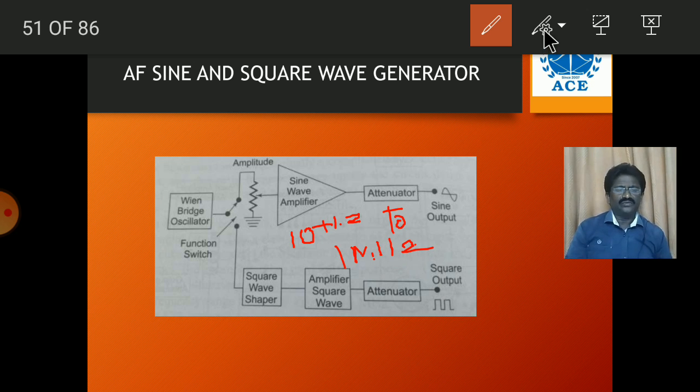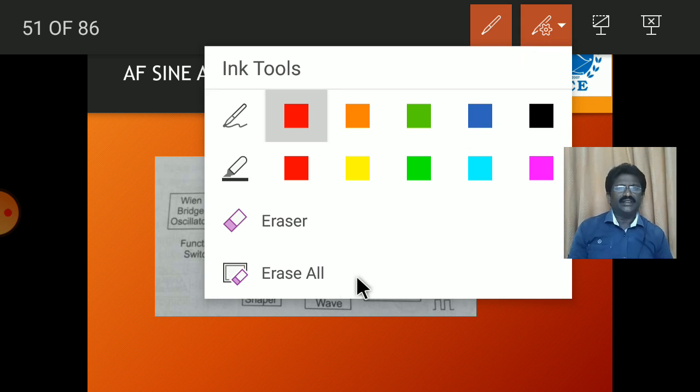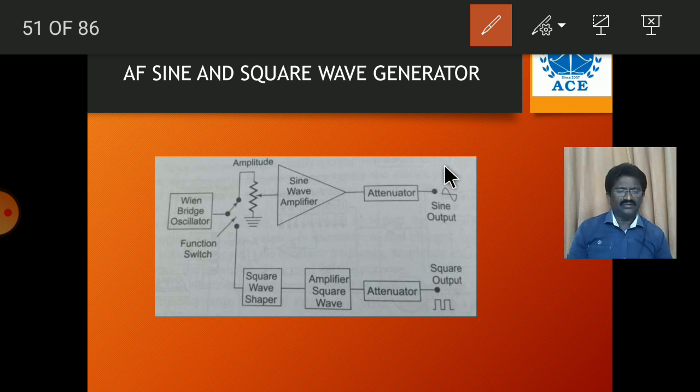Now the output of the sine wave amplitude can be varied from 5 millivolts to 5 volts RMS.